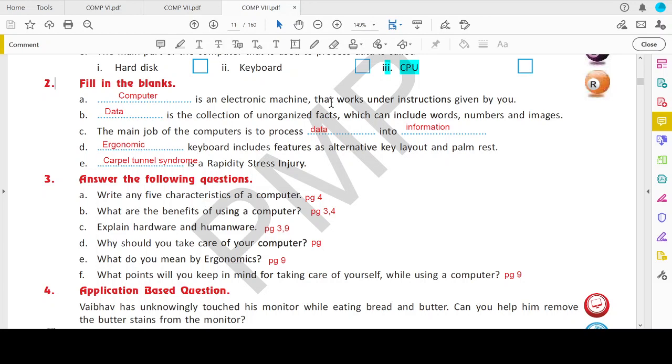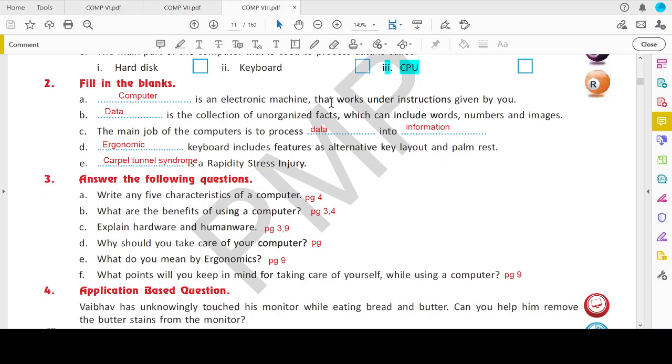The computer is the electronic machine that has the input devices for taking input, passing it to the software and to the processor, which is executing the instructions. It is processing the data based on your instruction and generating the output on the output devices of the computer.